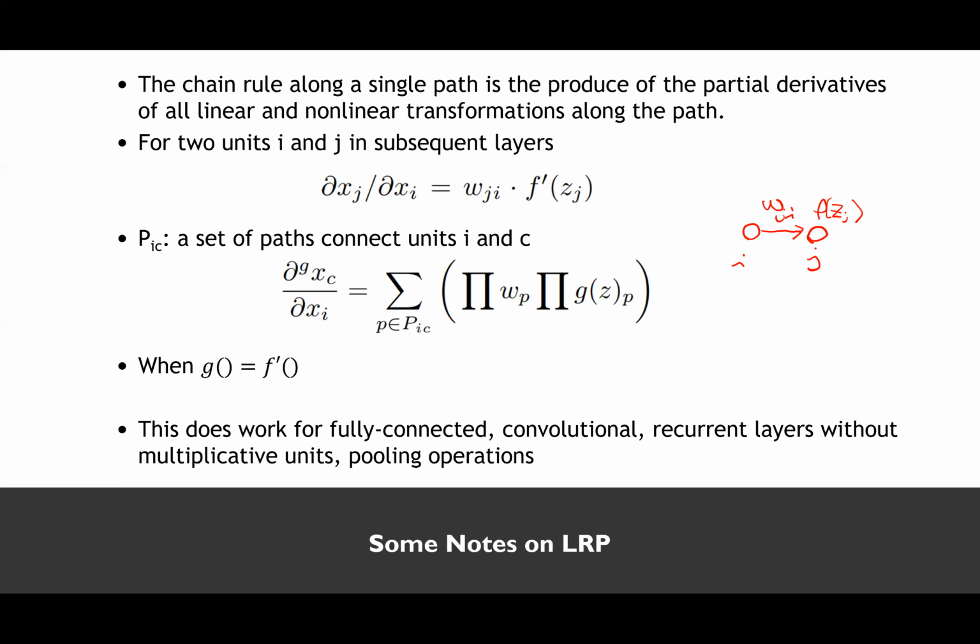If we take the derivative of x_j in terms of x_i, we get f prime of g_j times w_ji.